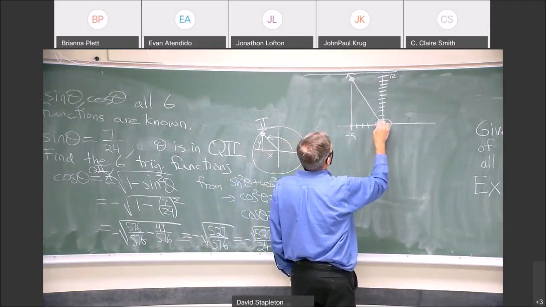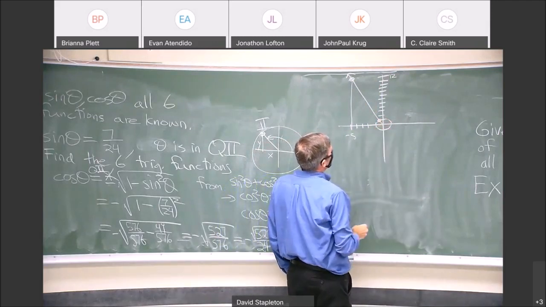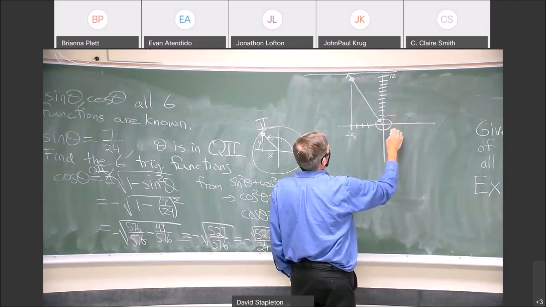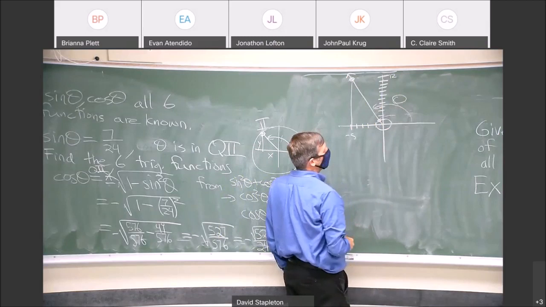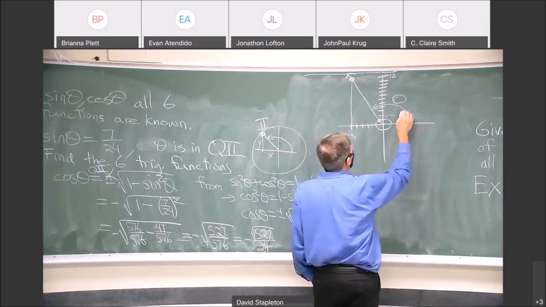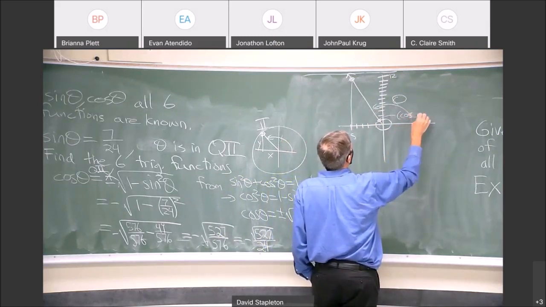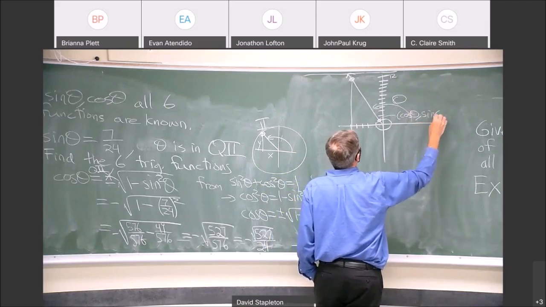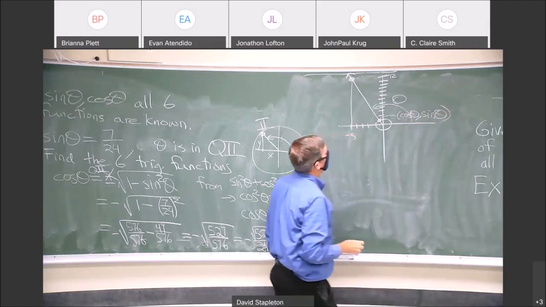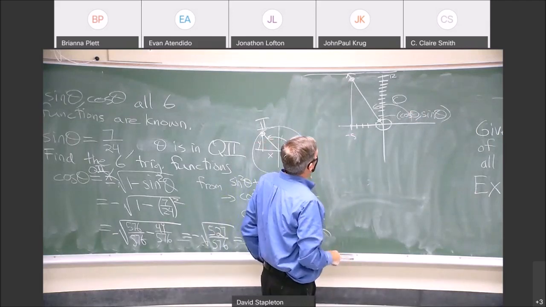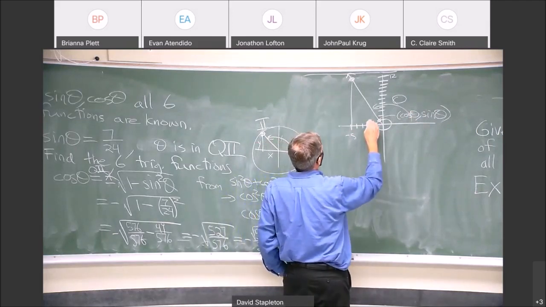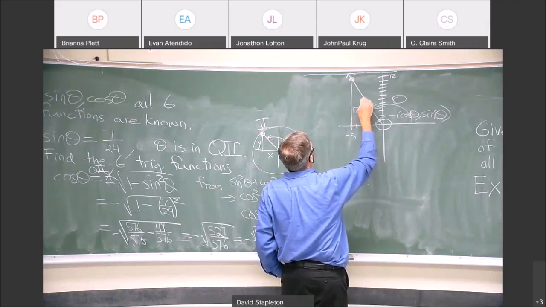Now, this point here has coordinates for angle theta. What are the coordinates of this one? Oh, it's cosine theta and sine theta, right? So what are the coordinates here? I can find the hypotenuse here, since this is a 5 by 12 triangle.